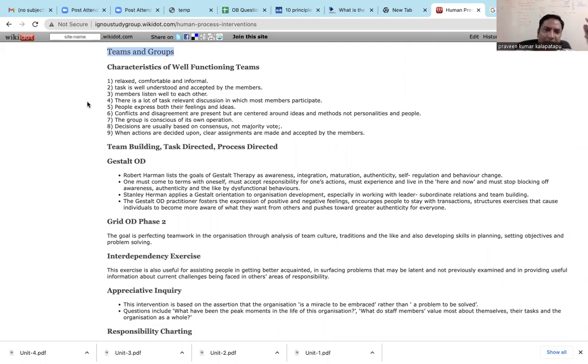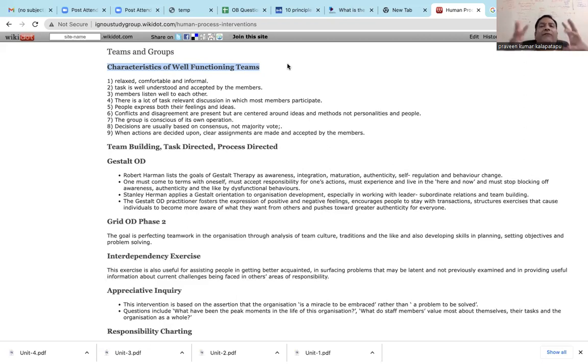Before going into teams, there is a brief explanation of the characteristics of well-functioning teams. There was never a question on this because this definition is a little misfit as far as the entire unit is concerned. But anyway, we'll go through those characteristics.